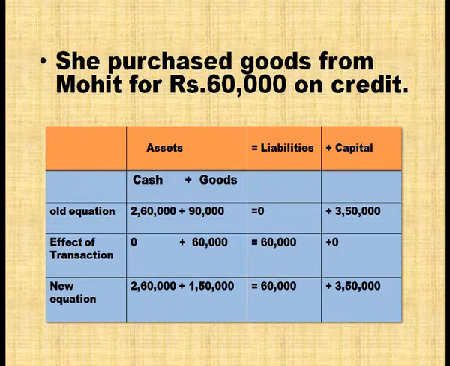Here also accounting equation is satisfied. That is cash balance of 2,60,000 plus goods increased 90,000 plus 60,000, 1,50,000. So, assets equals 4,10,000, and liabilities 60,000 plus capital 3,50,000. So, 4,10,000 on the asset side and 4,10,000 on the liability side.